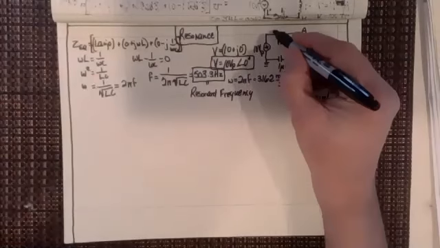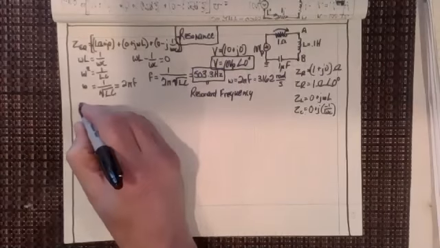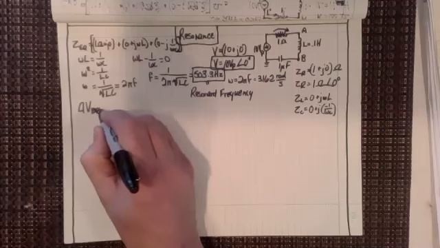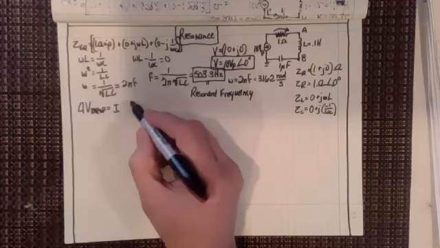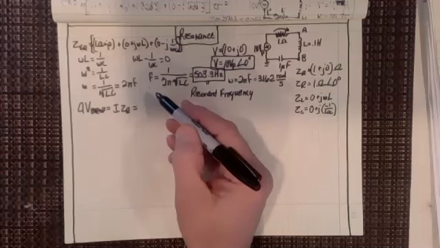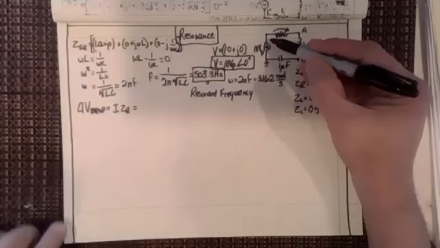And let's look at the voltage drop across that resistor. The voltage drop over that resistor is going to be the current through the resistor times the impedance of the resistor. The current through the resistor, we can figure out from this, because let's add these up.